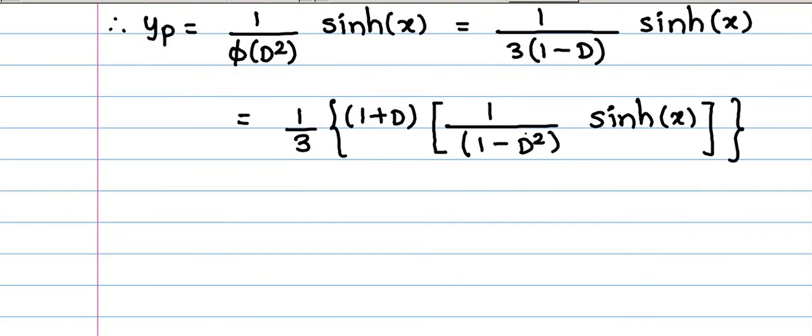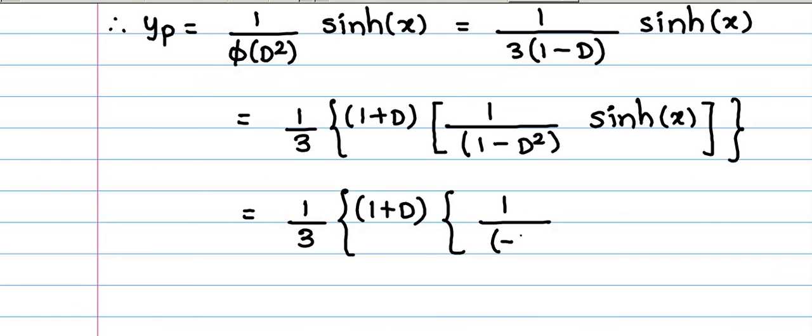Now here, if we replace d square by 1, we get a case of failure. So in case of failure, we take the derivative of the auxiliary equation. So what will be the derivative of the auxiliary equation? Simply it will be 1 upon 2 times d, into sin hyperbolic x.